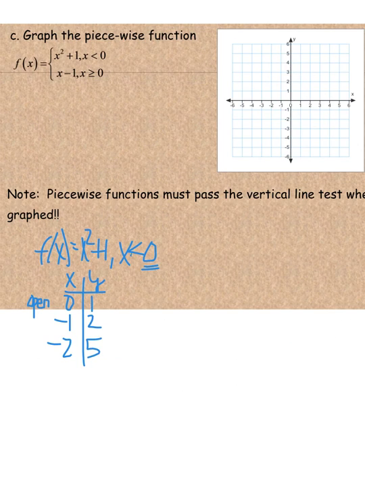I plot these points. 0, 1 is an open circle. And then -1, 2 is a closed circle, and -2, 5 is a closed circle.